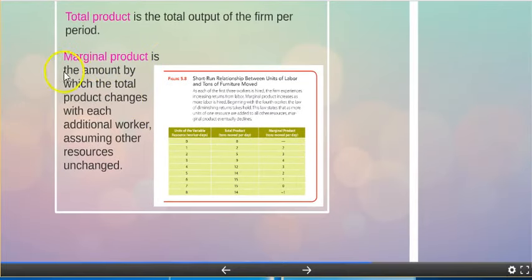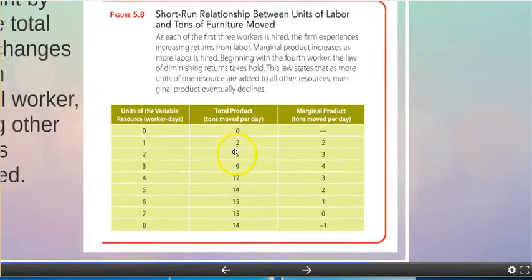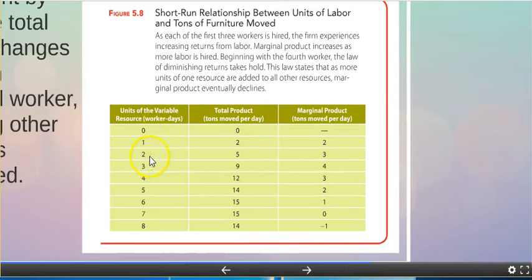So marginal product is the amount by which the total product changes with each additional worker, assuming other resources are unchanged. To rewind a little bit, total product is the total output of the firm per period. So total product here was 5 tons for 2 workers, but marginal product is what the people that run the company are more interested in. Okay, we moved 3 more tons with 1 worker.